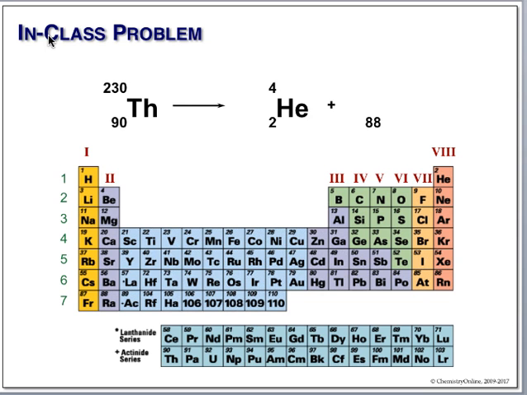There it is, radium. So our symbol is Ra. Our mass number, we started with 230, we lost 4, we're down to 226. Any questions?